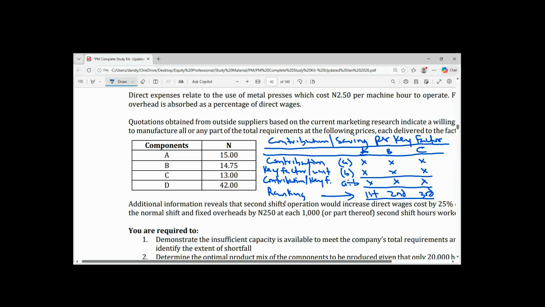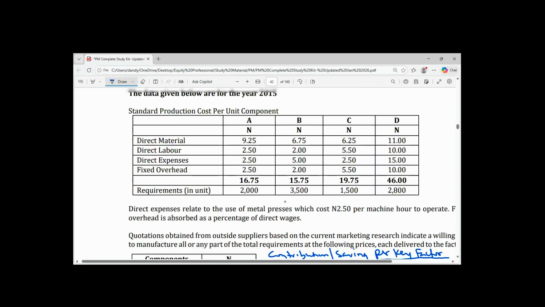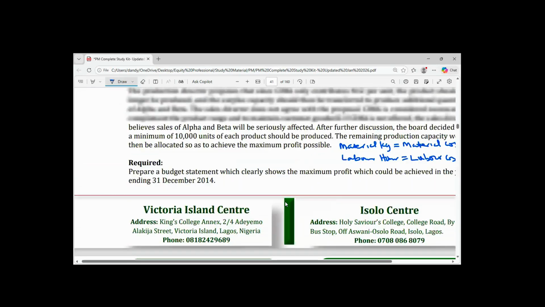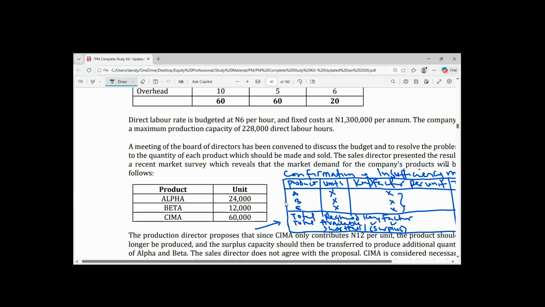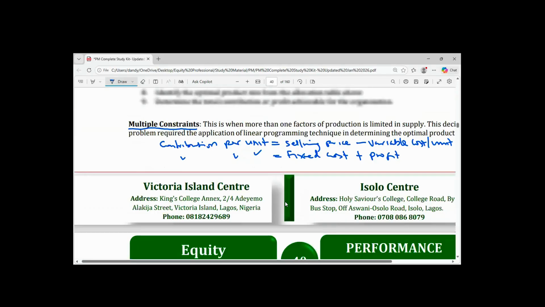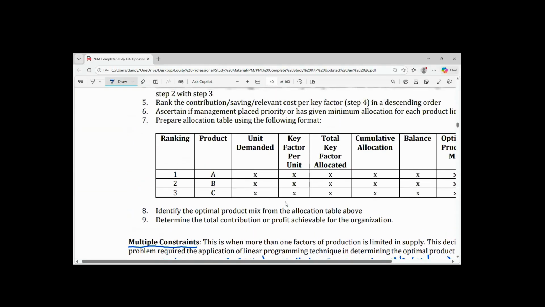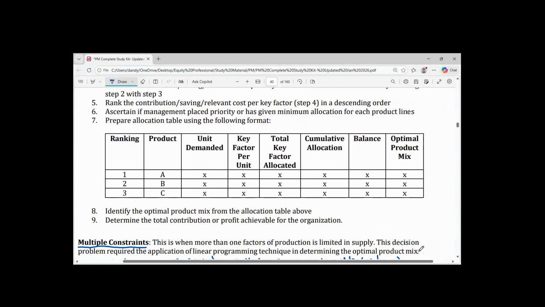Then step 6 says you should allocate the limited scarce resources among competing product line using the ranking in step 5. Okay, so how do you carry out? You need to prepare the allocation table. To prepare the allocation table, you are going to follow this format. This is the format you are going to use.